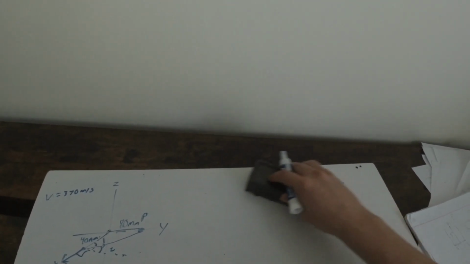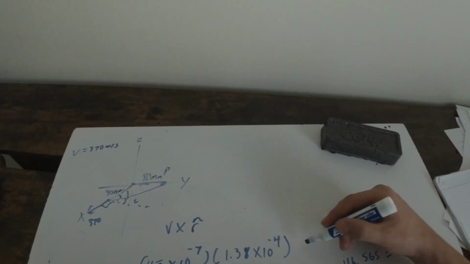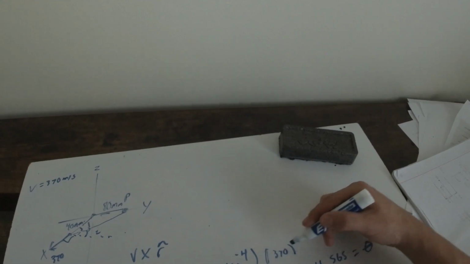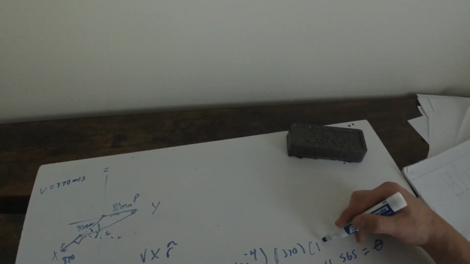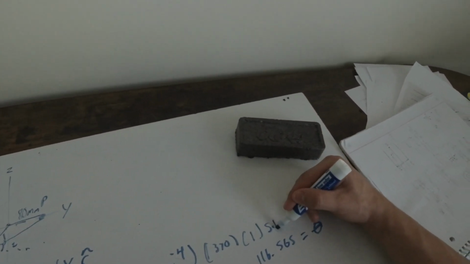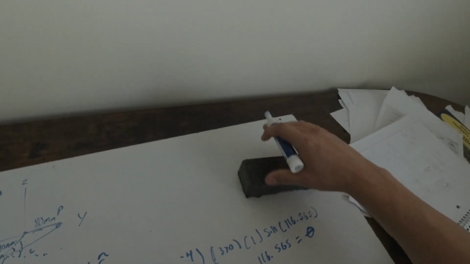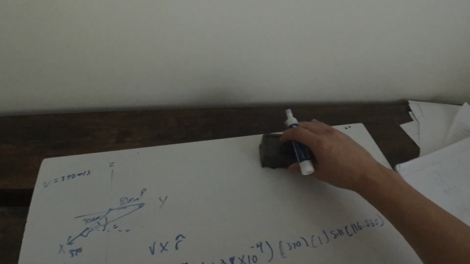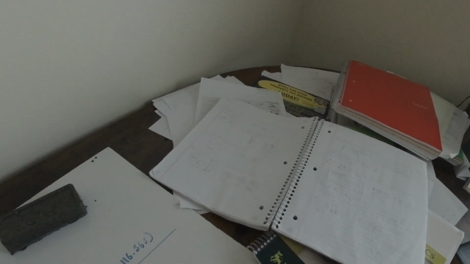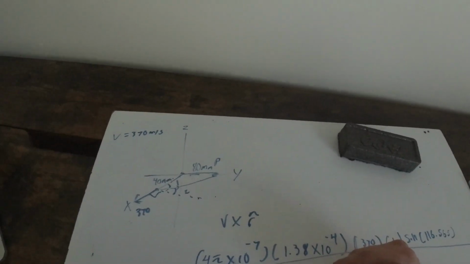Erase all this, and now we can plug this into the equation. So it's going to be the magnitude of V, which is still just 370, the magnitude of r hat, which is just 1, and now we have the sine of our angle, sine 116.565. We can erase this one. Okay, and now we're going to have, looking at the equation, 4 pi over r squared.